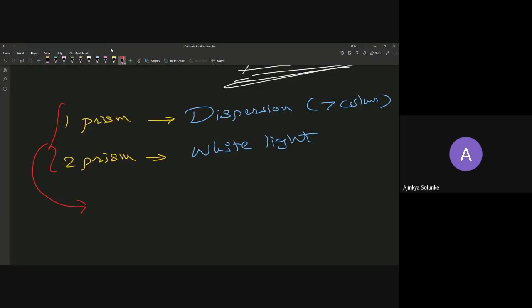The scientist who has conducted one prism and two prism experiments. Both of these experiments belong to Newton. So in the exam, if they ask you about one prism, you have to give the answer in terms of one prism, and if they're asking about two prism, then you have to answer accordingly.